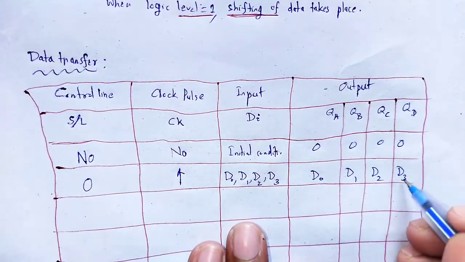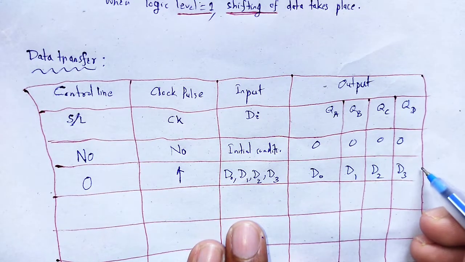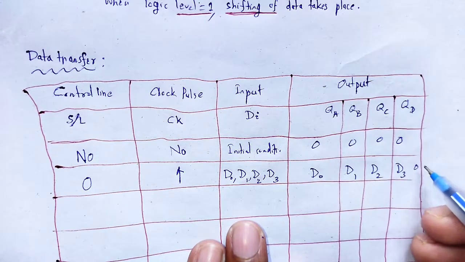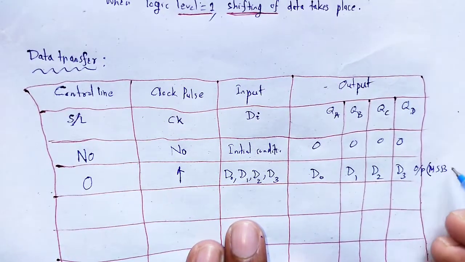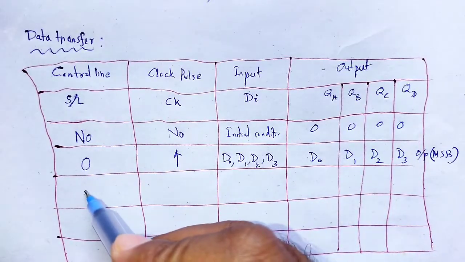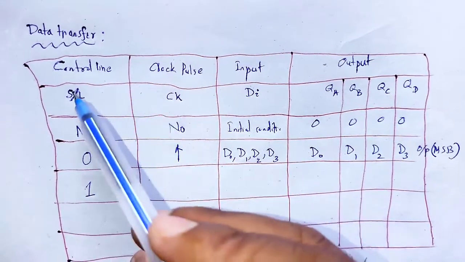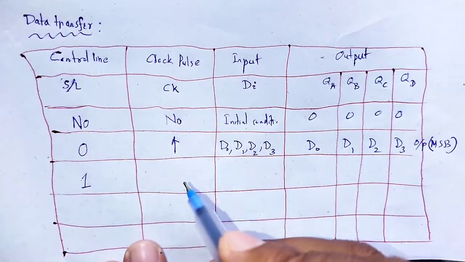Here the D3 is the output, the most significant bit. Next, if the shift load control line is 1, we assign the logic symbol 1.